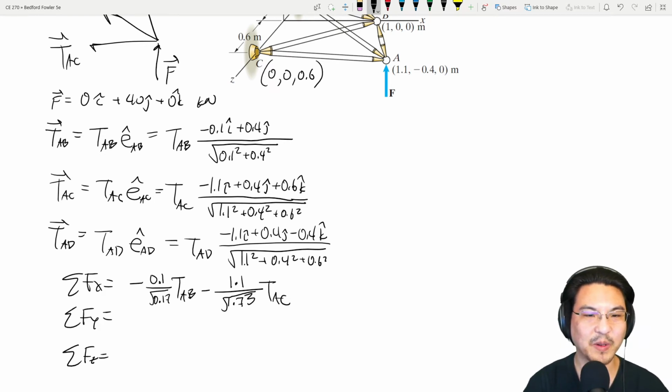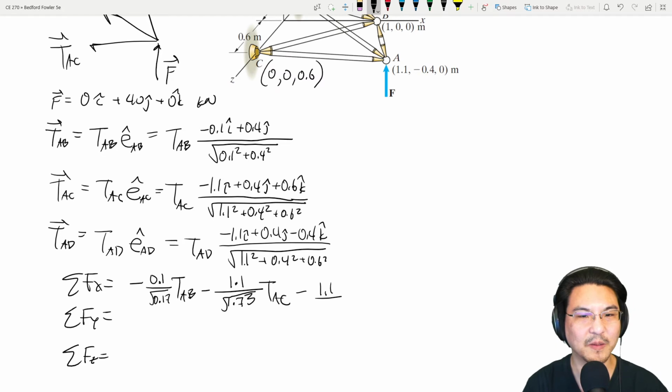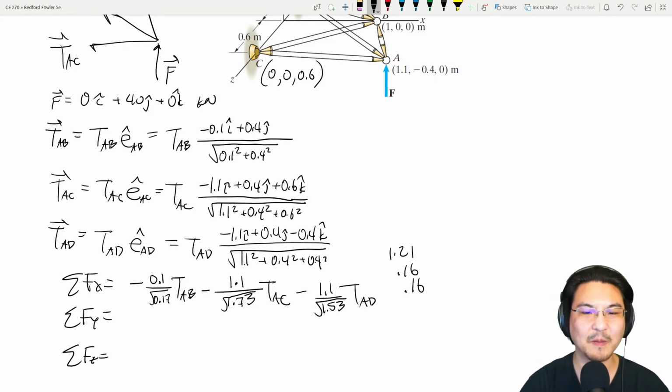Then the x component of this is negative 1.1 over, oh, this should have been a 0.4. So that's 1.21, 0.16, 0.16, so that's 1.53. TAD.